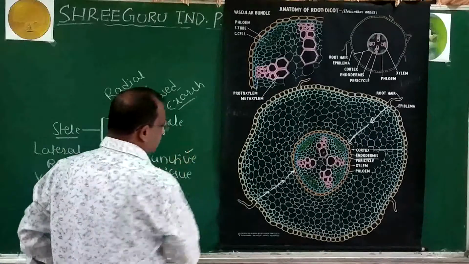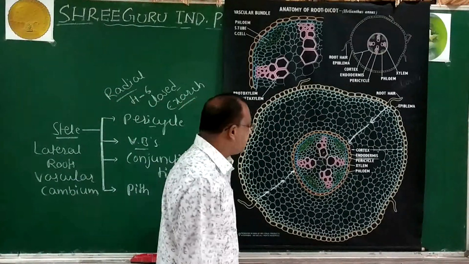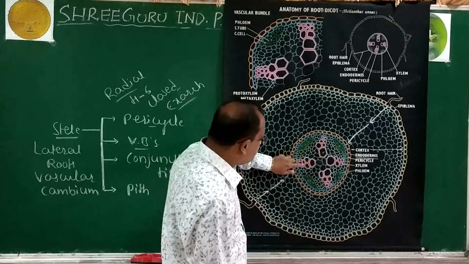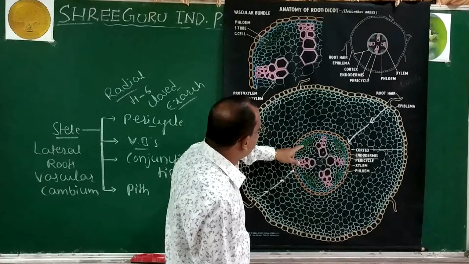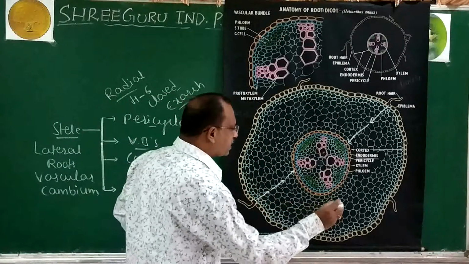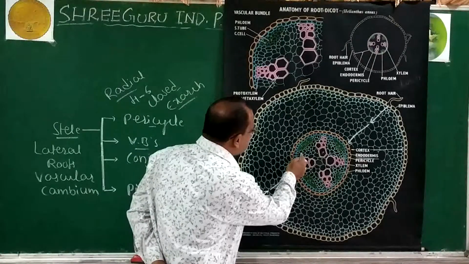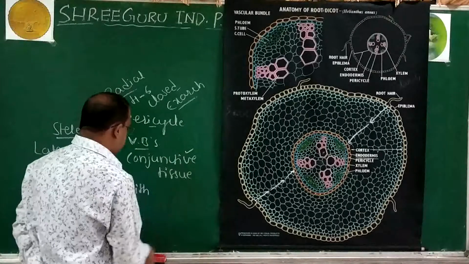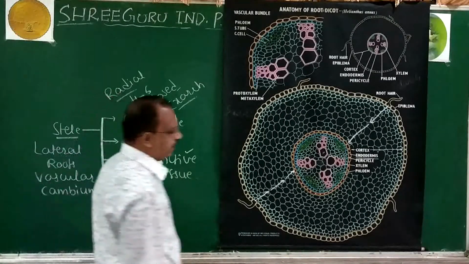Next is conjunctive tissue. The parenchymatous tissue that lies in between xylem and phloem is called conjunctive tissue. Last matter is pith.